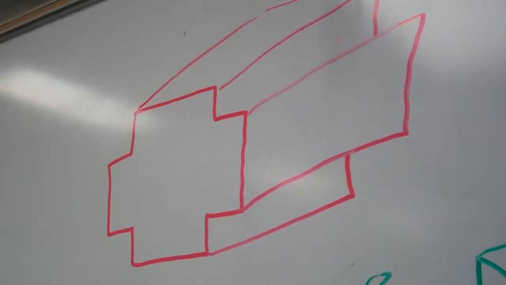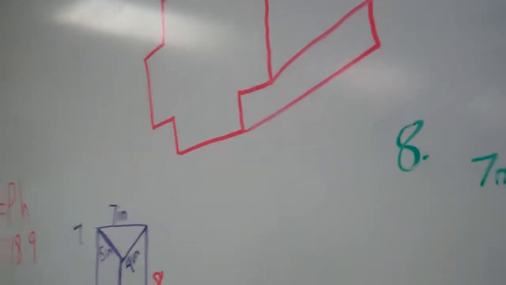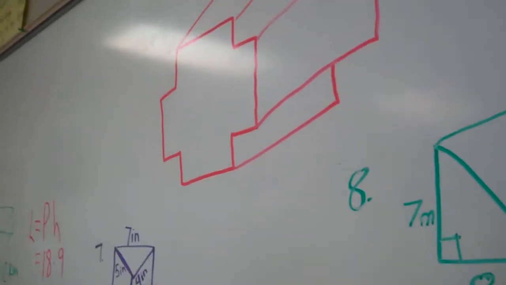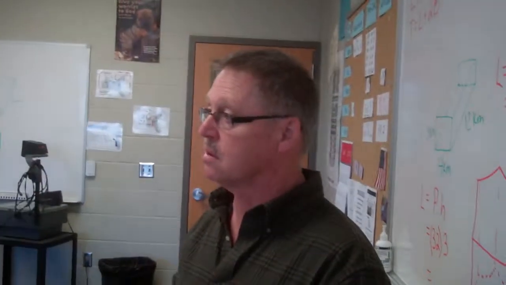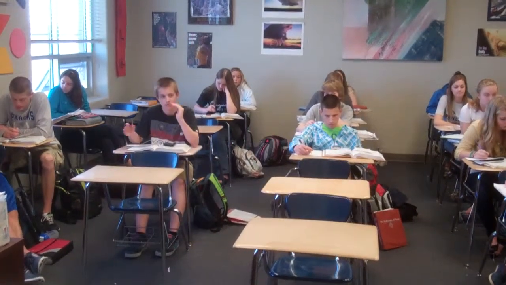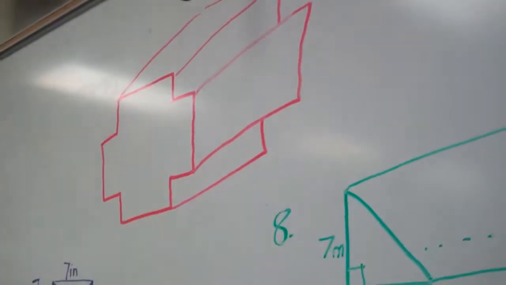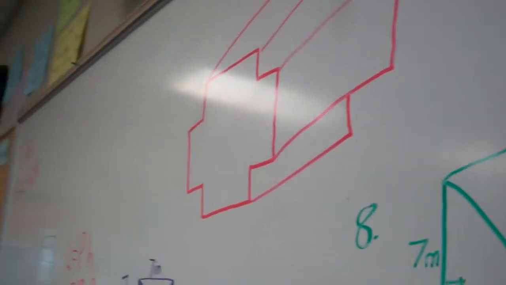That's good enough. Nathan, which faces are you calling the bases? I'm calling the bases the crosses. Nice, nice. He's calling this front end and this back end, the kind of cross-shaped faces, the bases, because those are the only matching sides that go all the way through like that.